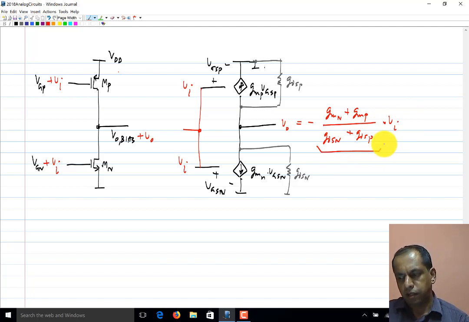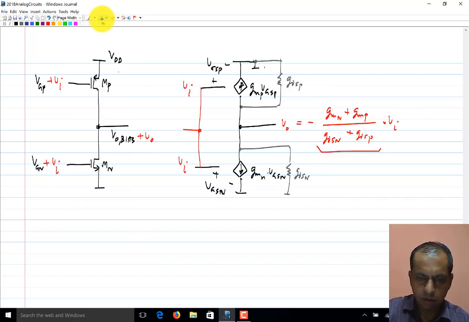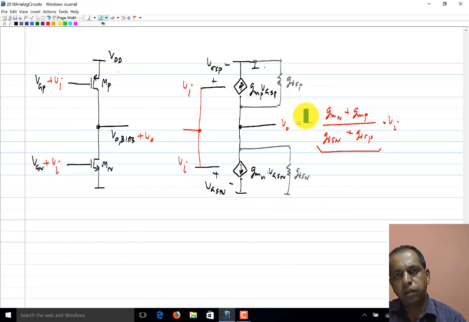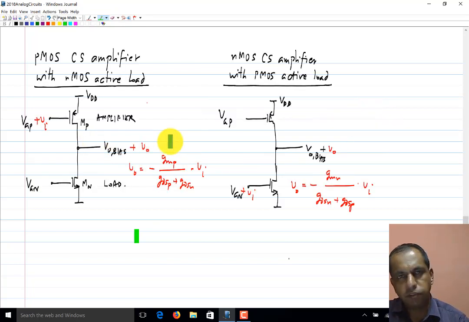So the gain in this case is larger than what either of these two amplifiers provide, and in fact it's equal to the sum of the two gains. Okay, you get GMP when you apply the input to the PMOS transistor, you get GMN when you apply input only to the NMOS transistor. If you apply it to both, we will have GMP plus GMN.